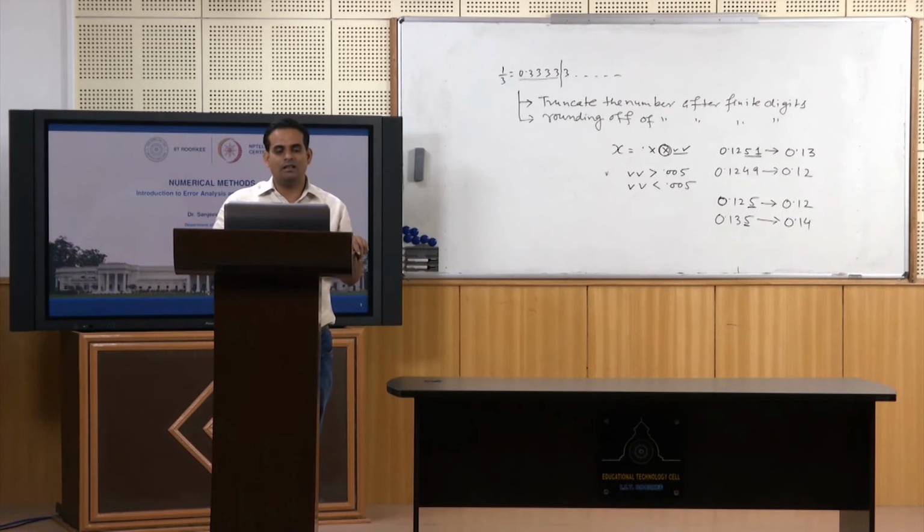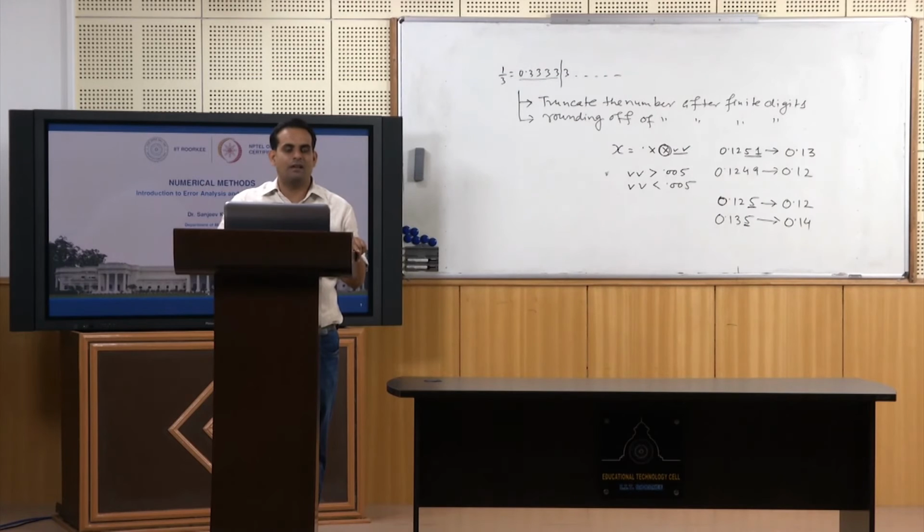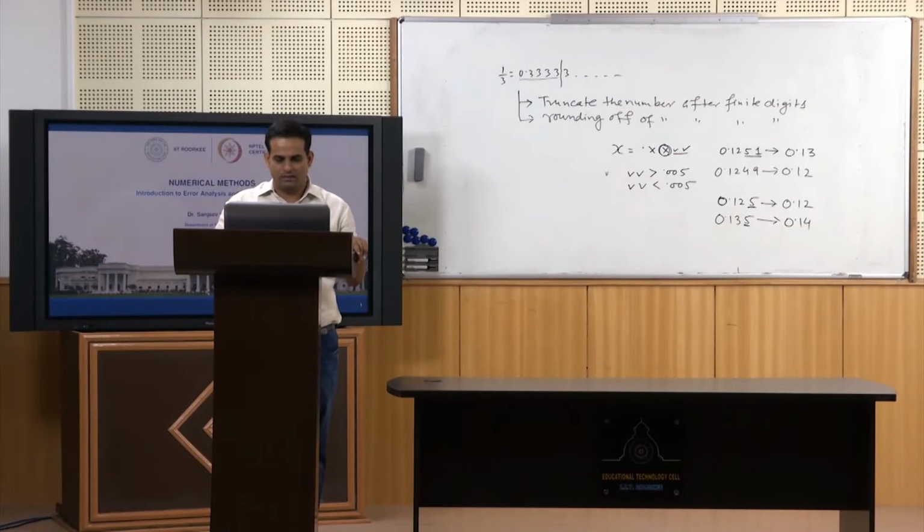The relative error is a measure of the error in relation to the size of the true value, and it is given as the absolute value of the error, that is the absolute error upon the absolute true value. The percentage error is defined by multiplying the relative error by 100, or 100 times the relative error.